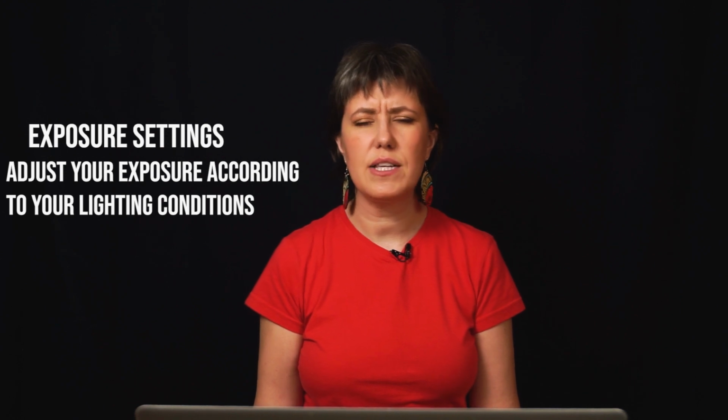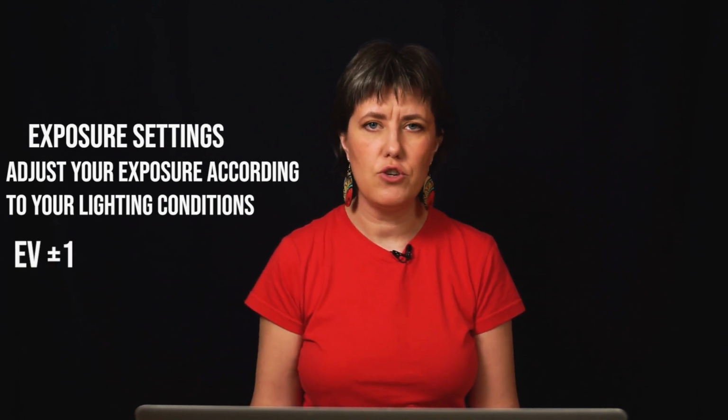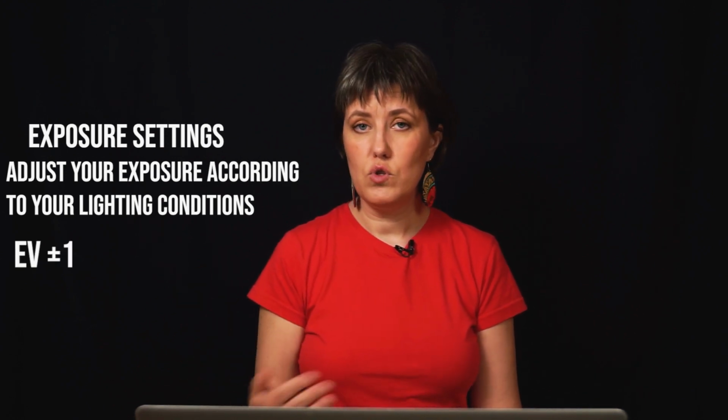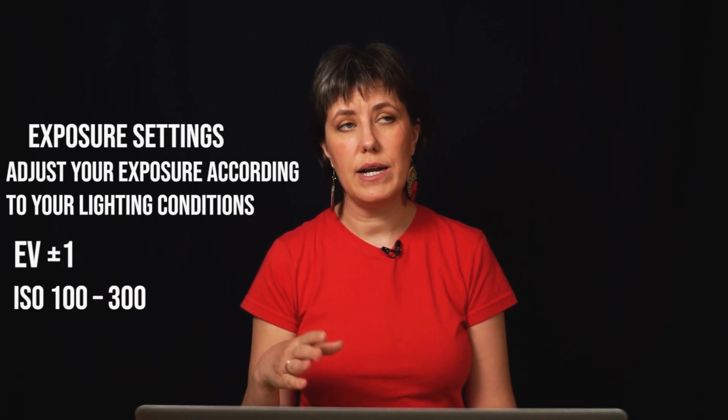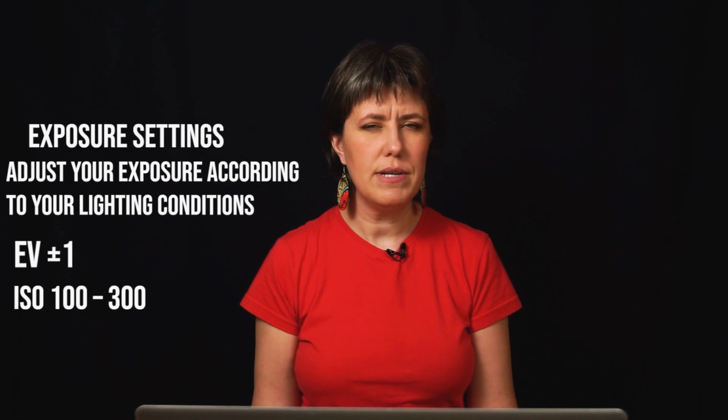Now, to round up this section of the video, here are the settings for the exposure on the camera. If we're talking about the EV exposure value, then it's going to be something like ±1 or ±2. If you are able to set the ISO, it's going to fluctuate from ISO 100 to ISO 300.